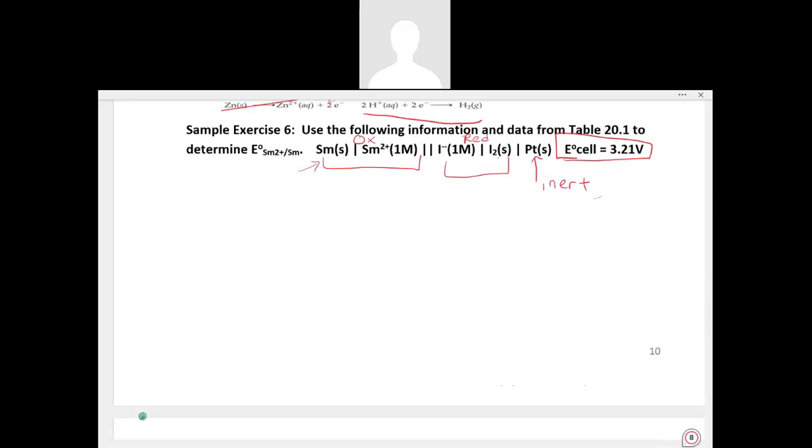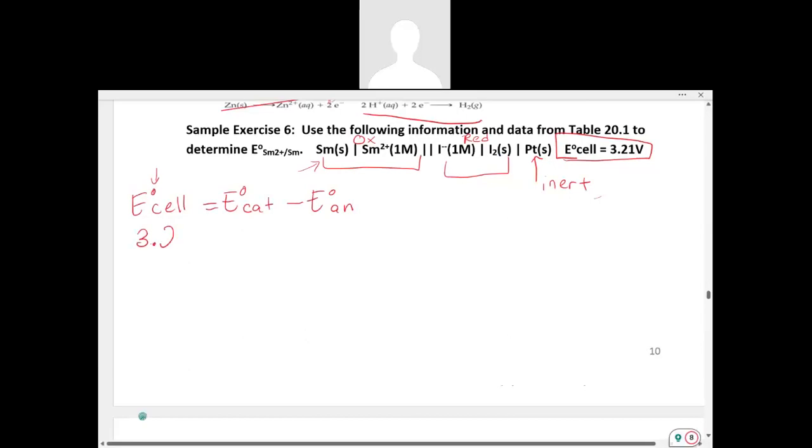All right, so let's see. We know that our equation is E naught, we say naught when we write that little degree symbol, that tells us we're at standard conditions, equals the E of the cathode minus the E of the anode. So let's plug in some values here.